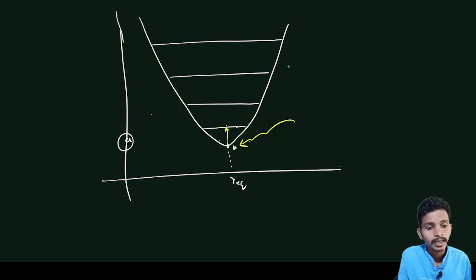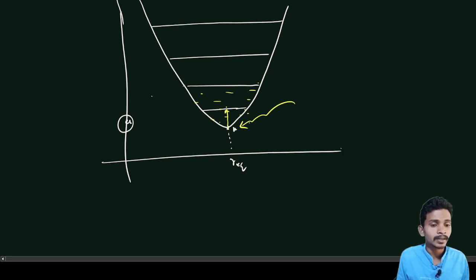So how are these energies arranged? Up to this only this energy level is there, not here; there are no energy levels here, the energy levels are only here. So how are these arranged? They are given by the Schrodinger equation.